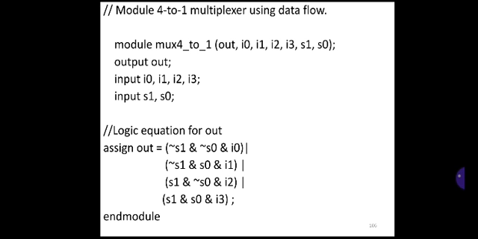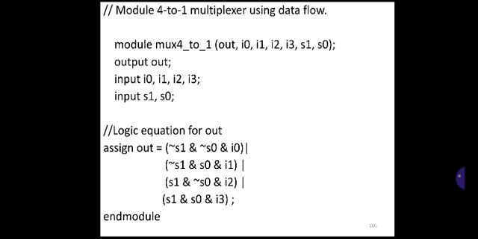As I discussed, the logic equation for the 4:1 multiplexer is what you have to write in the Verilog HDL module. It will be like this: assign out. The Boolean expression for out is S1 bar S0 bar I0.